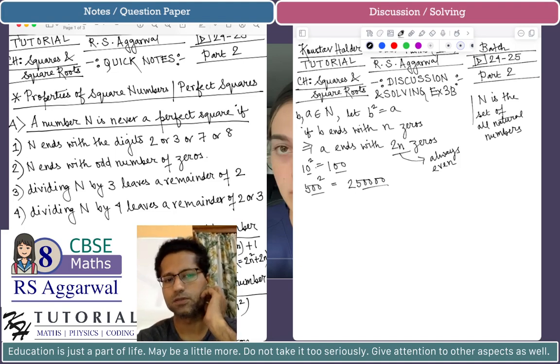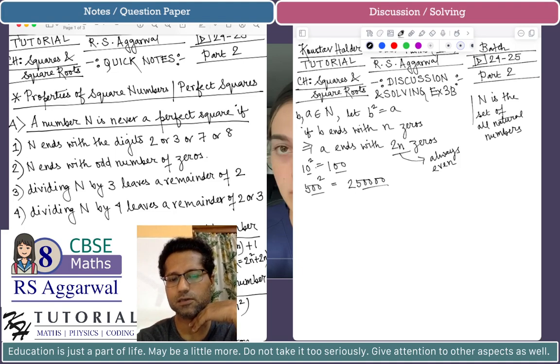Now it says that dividing n by 3, if it leaves a remainder 2, it is not a perfect square. But what if the number n, when you divide it by 3, leaves a remainder which is not 2? Let's say it leaves a remainder 1.